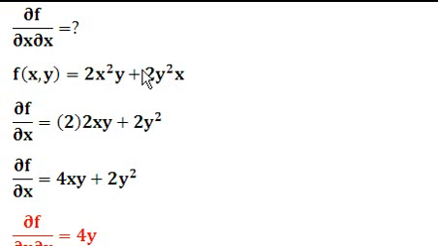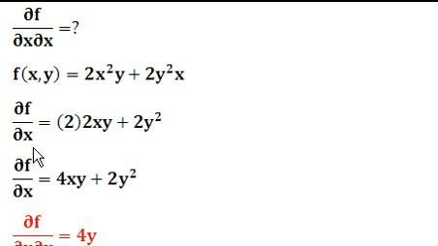If this was one single number times x, then what would the derivative be? It would just be that single number, left over. So pretend it's a 5: 5x, and the derivative would just be 5. But of course it's y squared here, so just pretend this is one single number, just the coefficient.